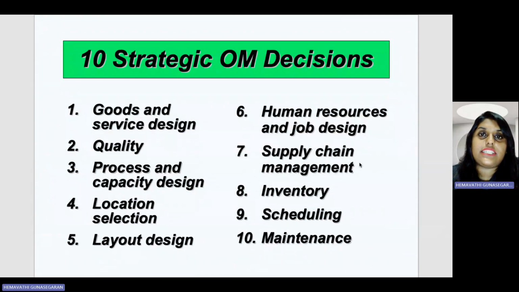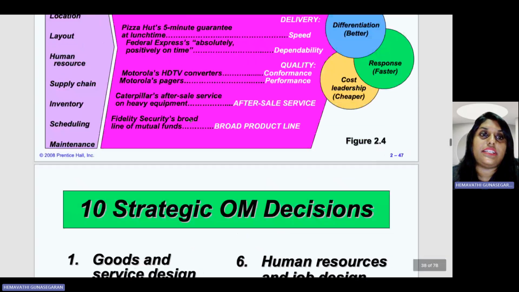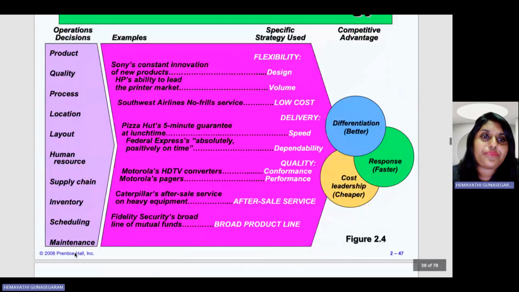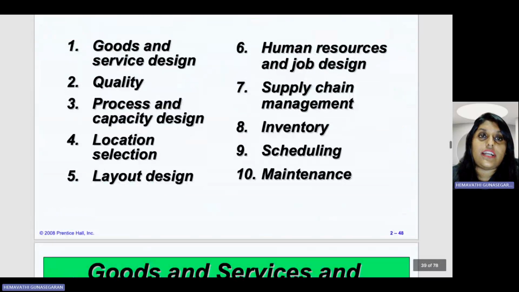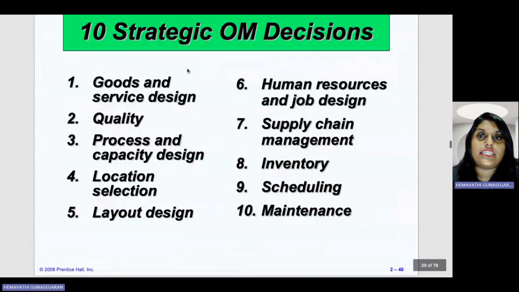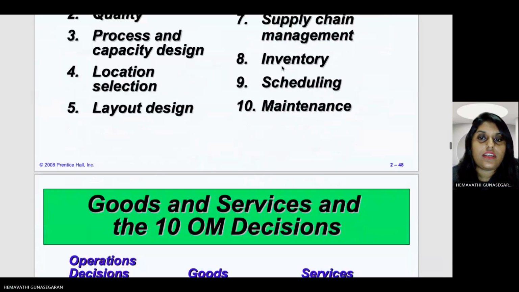And then we have 10 strategic OM decisions: goods and service design, quality, process and capacity design, location selection, layout design, human resource and job design, supply chain management, inventory, scheduling, and maintenance. Right? These are an overview of whatever we have seen earlier, as well as the subsequent elements that we have seen earlier in the department section.